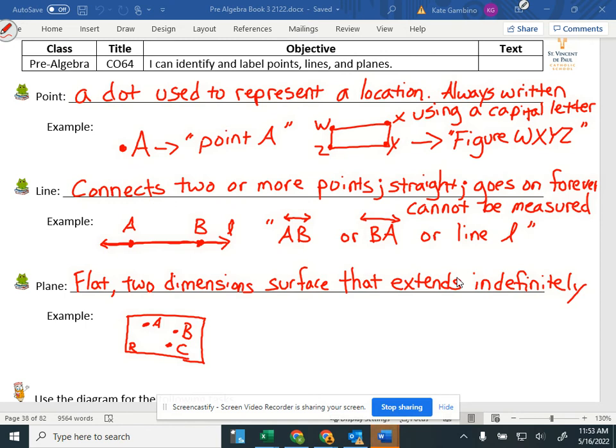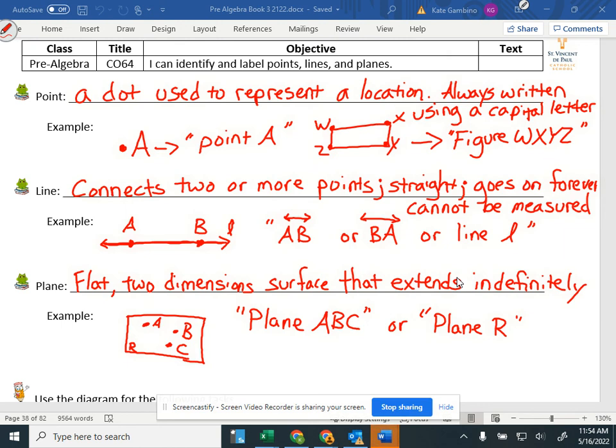So I could call this plane A, B, C, or I could call it plane R, because R isn't a point in the plane.